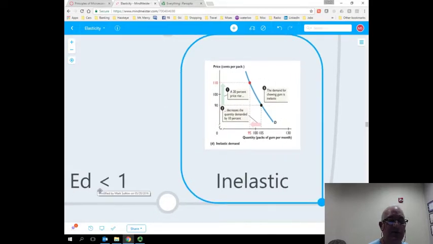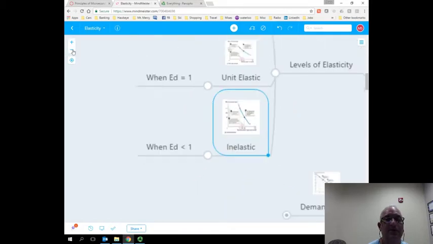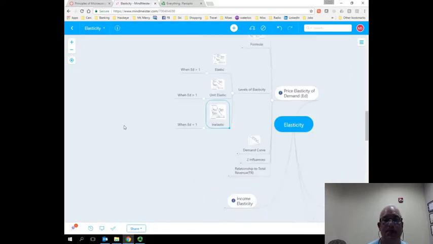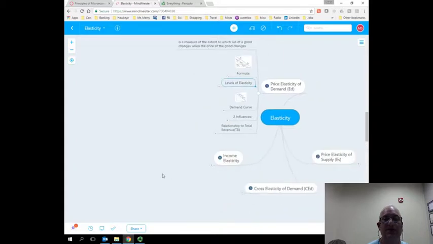Here your calculation would be less than 1, and your curve would be more vertical, meaning the change here results in a smaller change here. Quantity changed 10%, price changed 20%, so this would be considered inelastic. Again, the equation greater than 1, it's elastic. If the equation says it's 1, it's unit. When it's between 0 and 1, it is inelastic. So those are levels of elasticity.